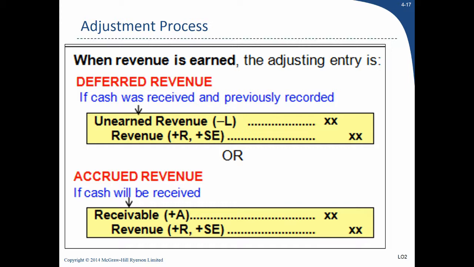When we recognize the revenue, we have to lower this unearned revenue, this liability, and we get to credit revenue. Accrued revenue is the opposite, whereby we recognize revenue today, but we don't yet have the cash. Okay, and then so debit receivable, credit revenue. When we receive the cash in the future, we need to reduce the receivable, so credit the receivable and debit the cash. Okay, so that should be nothing new to anybody.